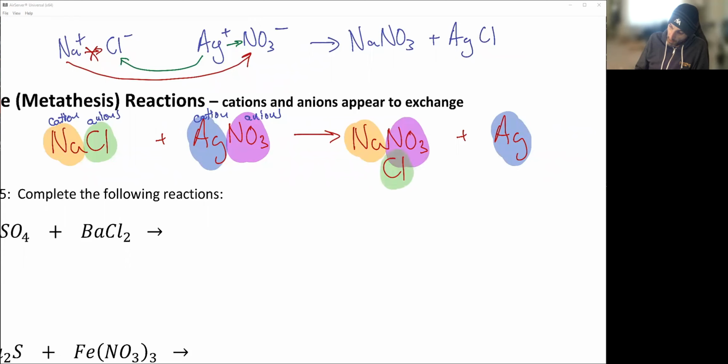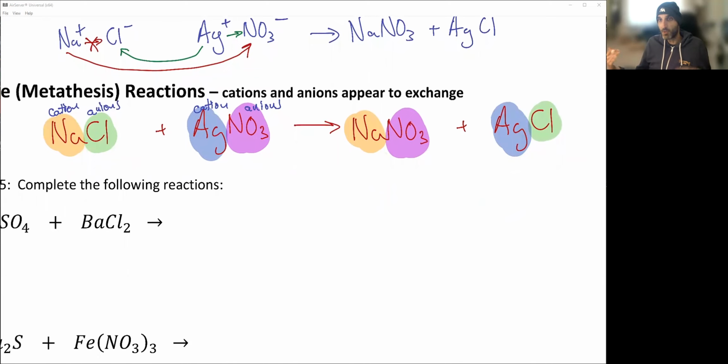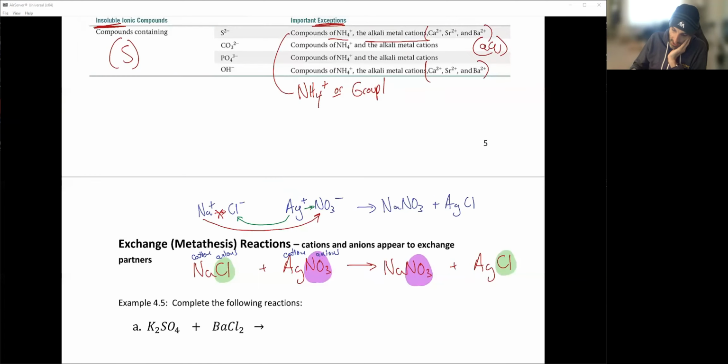The chloride was with the sodium, now it's going to combine together with the silver. So this is a metathesis or an exchange reaction. They're essentially just exchanging partners. Maybe I could just erase the colors. So sodium and silver switch partners, or the cations switch, or the anions switch partners, however you want to think about it. That's how it looks. Now we're going to go back to the solubility table.